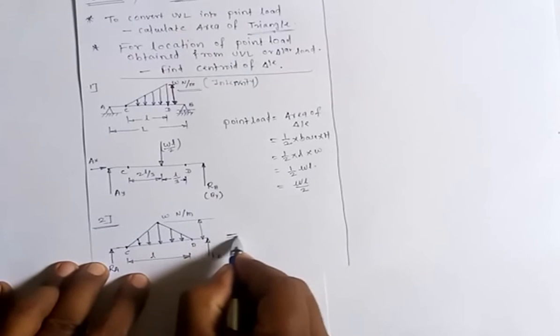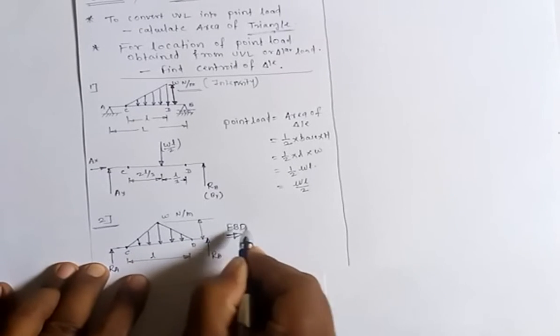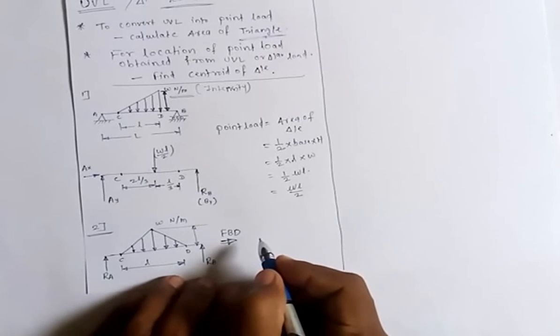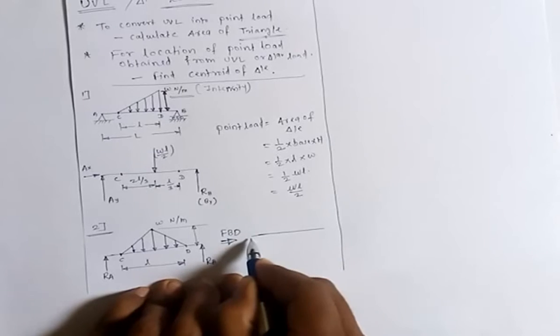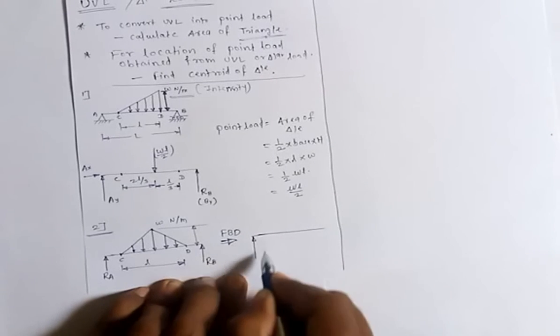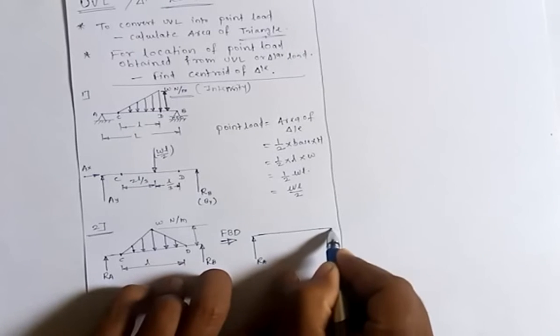So how can we draw the free body diagram of this beam from this triangular load? This is your beam as it is, having two reactions RA and RB.